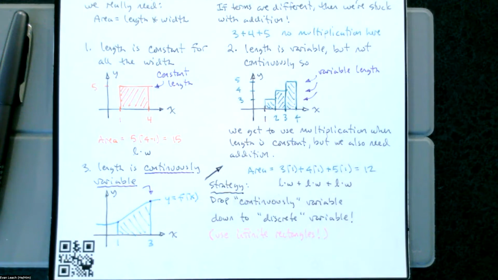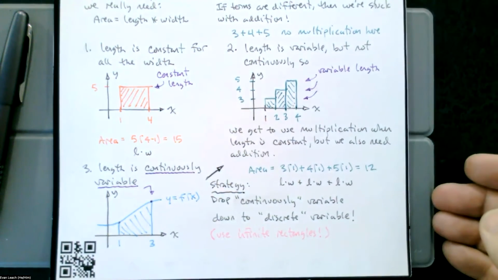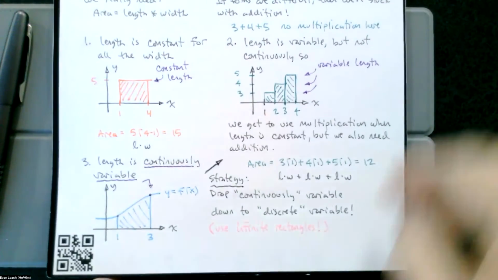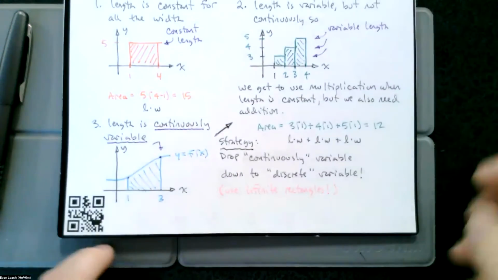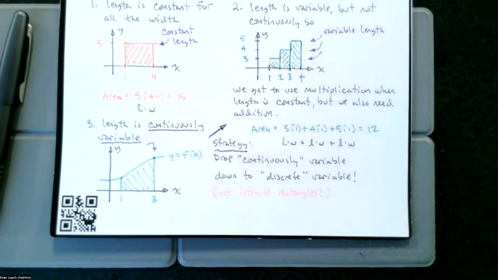That's the thinking that goes along with our integration process. We want to do length times width, but the stupid length is continuously variable. So we drop it back down to a case where we can use multiplication by making the length constant for little rectangles. Then we can use multiplication, length times width, just like we want.